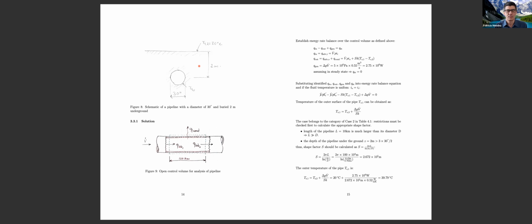Here we're in steady state, and the soil has no heat generation. The pipe has heat generation, but the soil doesn't. If we write the partial differential equation, we can simplify a little bit, and after we simplify it, it's still a nightmare.